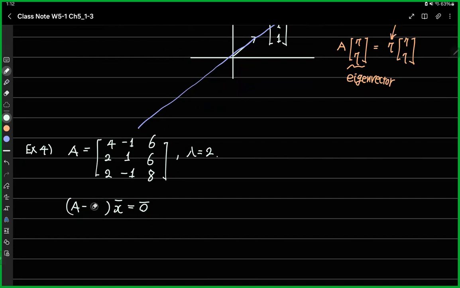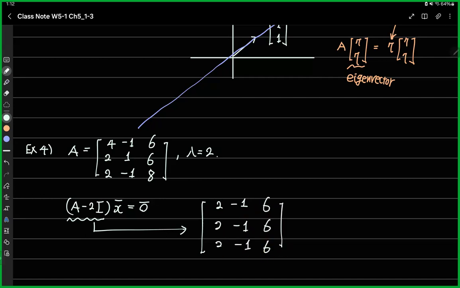Lambda is 2 times the identity matrix. So what's this? This is going to be 4 minus 2, then -1 and 6, then 2, minus 1, 6, and 2, minus 1, 6. The three rows are identical. Interesting. Definitely there is 0 right here on the right-hand side, the augmented matrix.